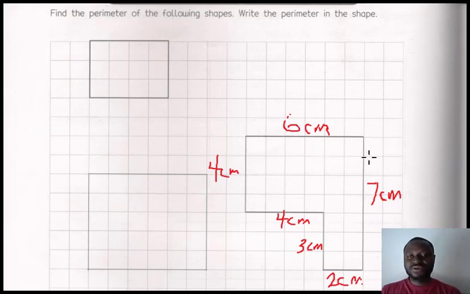Now, from this, we can easily find the perimeter of this shape. And how do we do that? We are going to add everything here we have. So I'm starting from this side again. I want to go clockwise. So I have 6 centimeters here, plus next one is what? Next one is 7 centimeters.